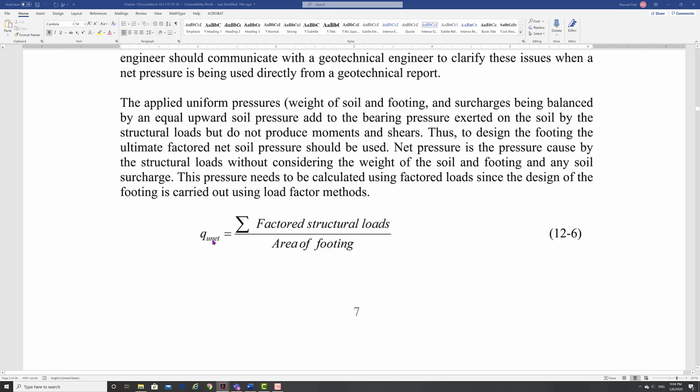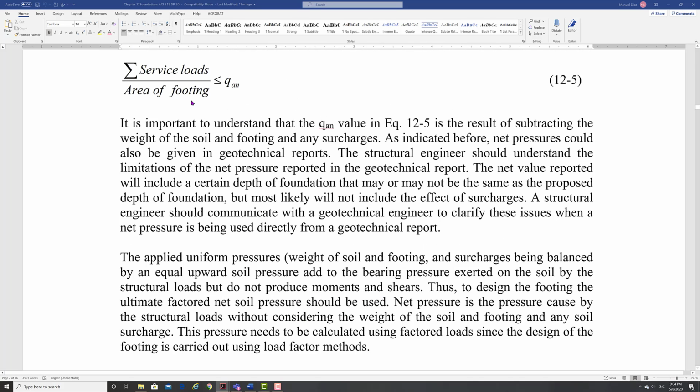Okay? So we get our loads from the building, the reactions. Now, unless you run a case unfactored, you will have factored reactions. Those need to be changed to service in order to find the area of the footing, because you know this number, which will be given in your geotechnical report. You know now your reactions and you solve for the area of the footing.